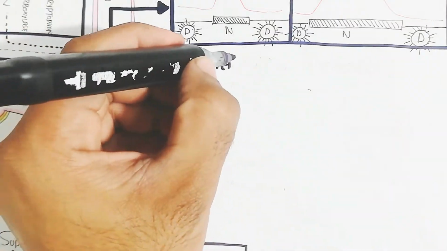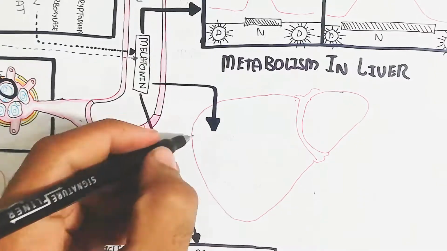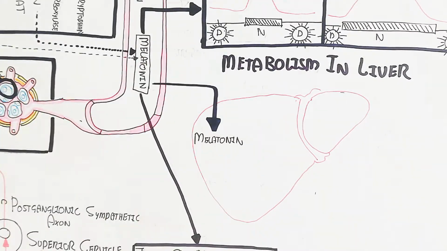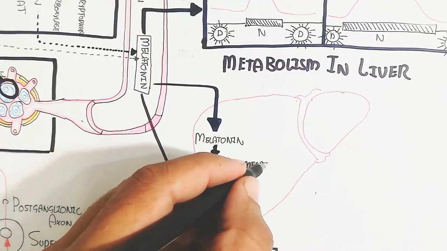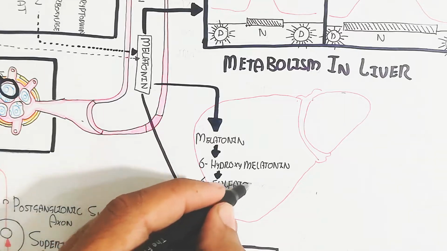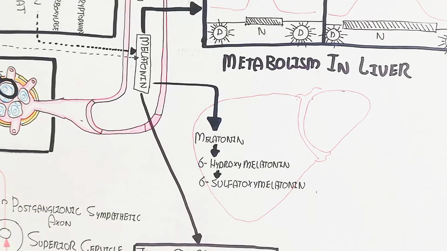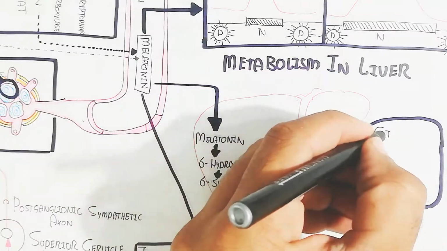But anyhow, let's understand the metabolism in the liver, because it should be cleared in the daytime, as it can create problems if it is not cleared. In the liver, melatonin will be degraded into 6-hydroxymelatonin and then 6-sulfatoxymelatonin, which will be excreted by the kidney through urination.